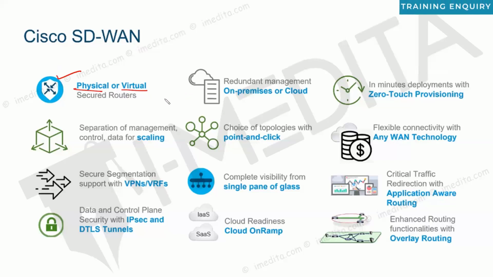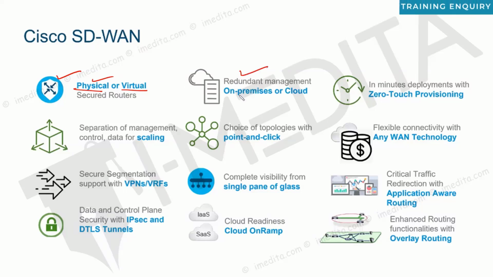So you get virtual routers, which you could deploy in the virtual environment, which means cloud technology, which customers are using a lot nowadays. In cloud, you can deploy your virtual routers, and physical routers are for the physical locations, right?